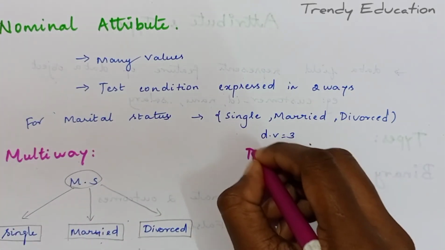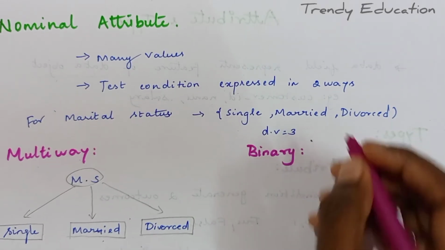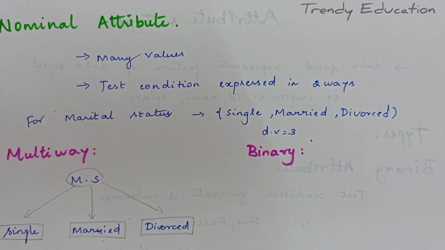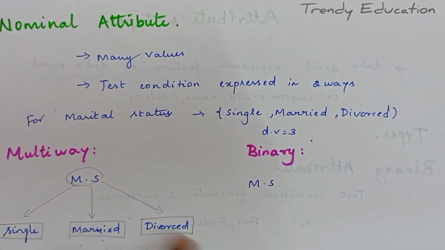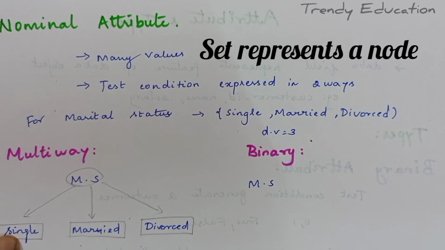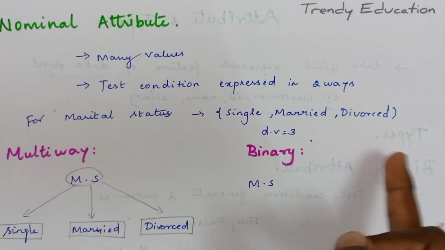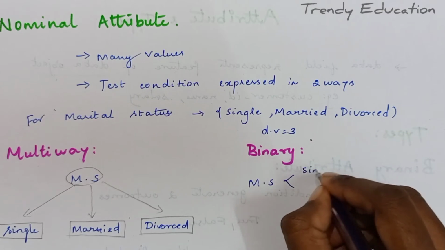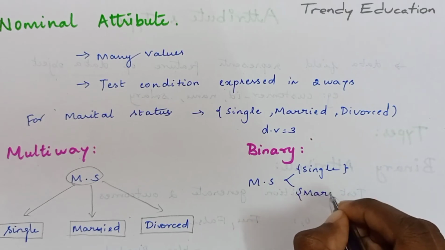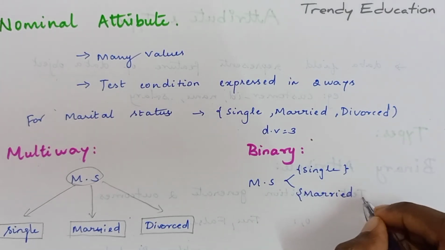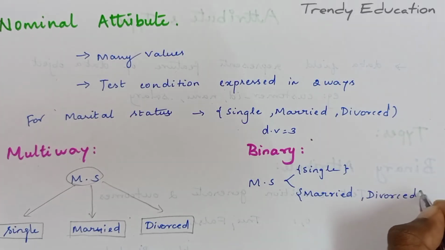But let's come to the binary split. In a binary split, we have only two outcomes. So we split this into one alone and the other two as a single set. Again, I pair two together and one alone in a single set. So in binary, single is alone, and married and divorced are in the same set.